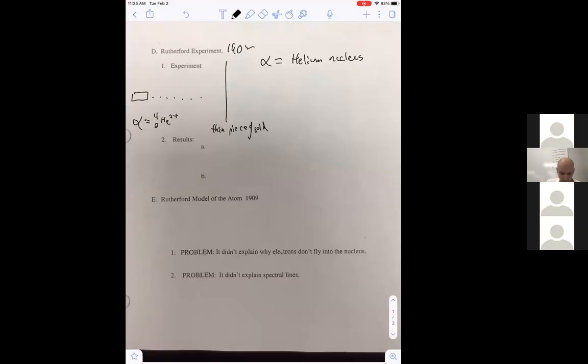All right, so the fact that most went through, but a few were deflected, told Rutherford this, that by the way, 90% went straight through, 10% bounced off. So what that told Rutherford is that the atom is 90% empty space.